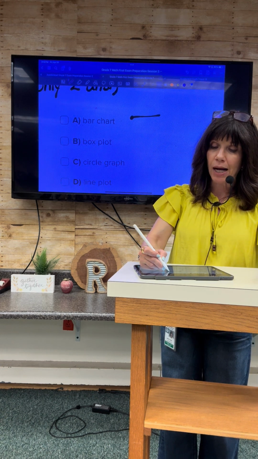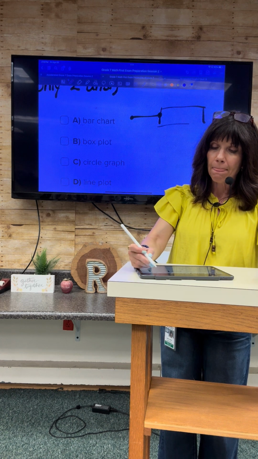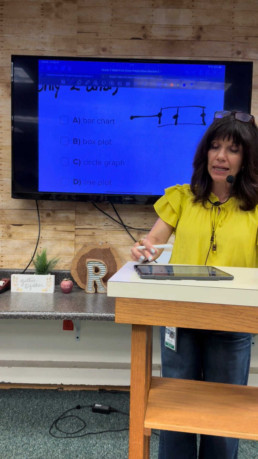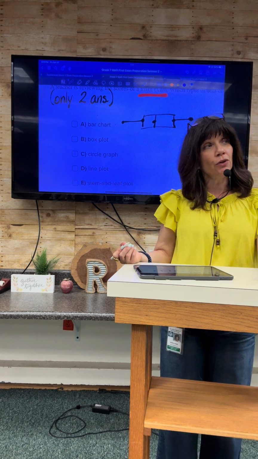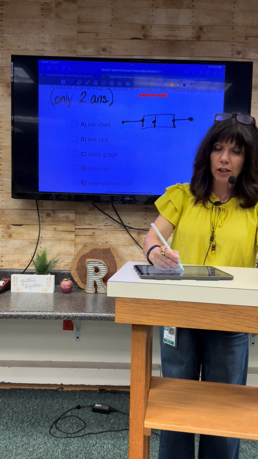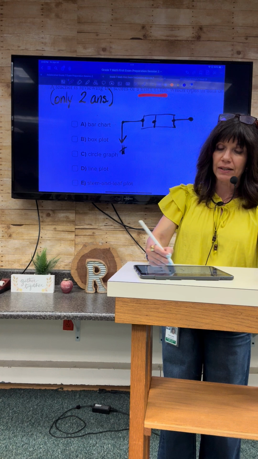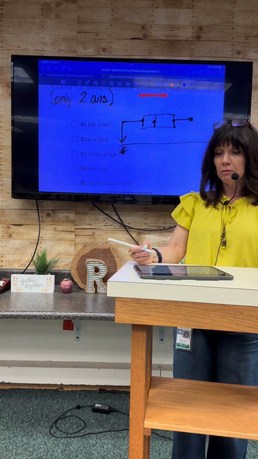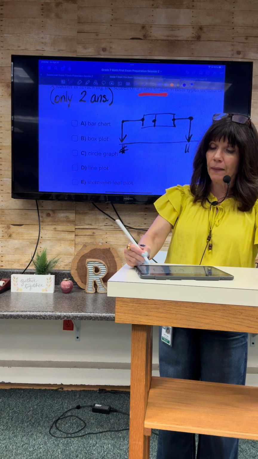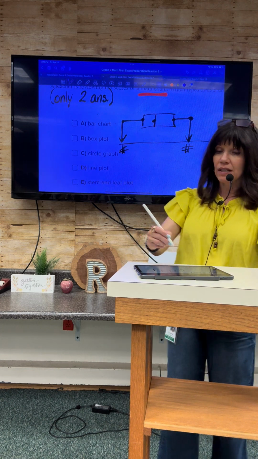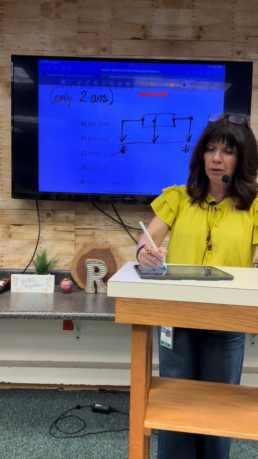Or do you think I would use a box plot for each individual score? Remembering that a box plot looks like this. It always has a median there, and then it also has that. Now, to be fair, if I used a box plot, does the lowest score line up with a number on its number line down below? Yes. Does the highest score line up with a number on the number line down below? Does the median line up with a number?